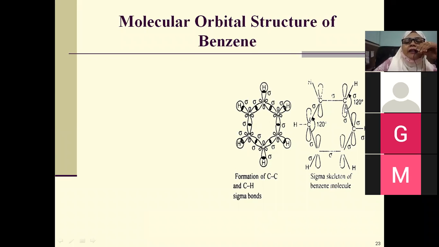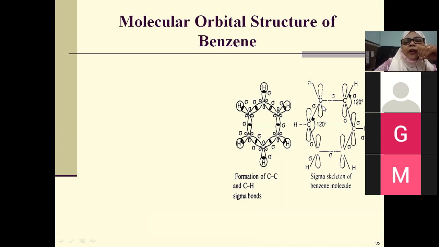If you consider any carbon atom in the benzene ring, it forms 3 sigma bonds. Where? One with each of the 2 adjacent carbon atoms, and one with a hydrogen atom.